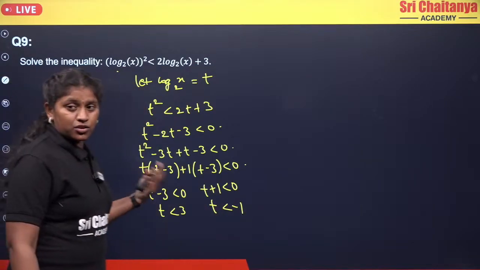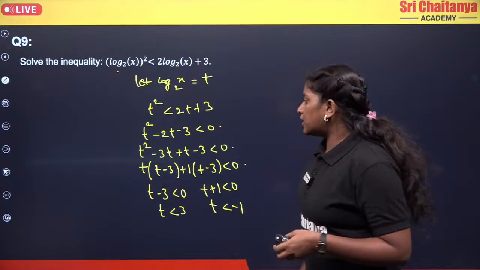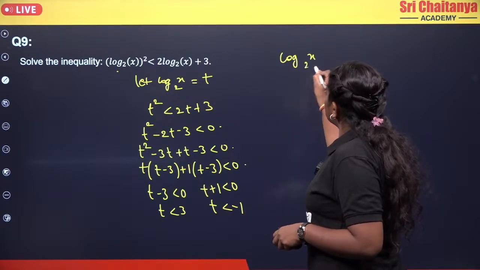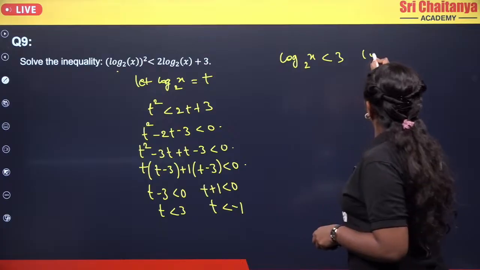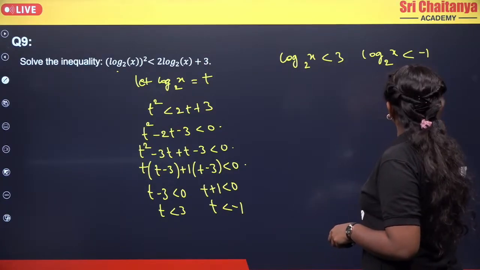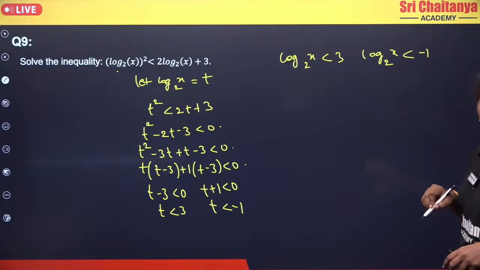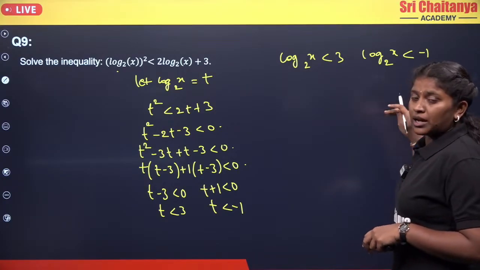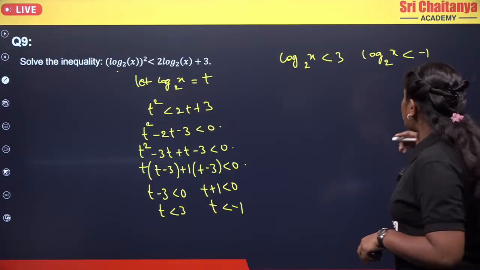Okay. Now place your log value there. So here it will become your log x to the base 2 less than 3 and log x to the base 2 less than minus 1. Okay. So in order to eliminate our log, we need to make our bases same, right? So that becomes here.